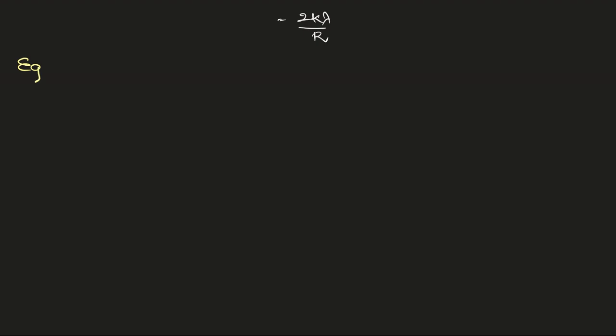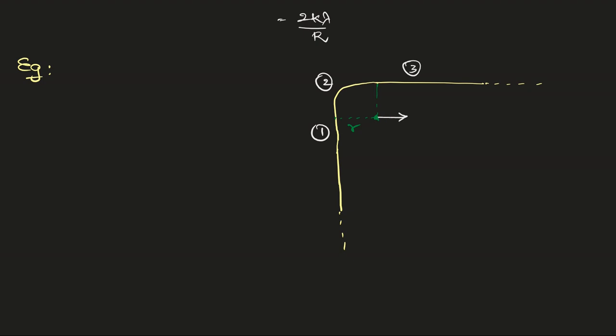I'll explain those examples. Just look at this. They'll give you like this. There is one infinitely long wire. It was bent such that at the bend point, we are observing a quarter circle. Suppose this is a quarter circle, its radius is r. So what is the net electric field at this point if they ask? I can divide this into three parts. Let this be the first part, second part, and third part. Due to the first part, we will have an x component like this and a y component like this.